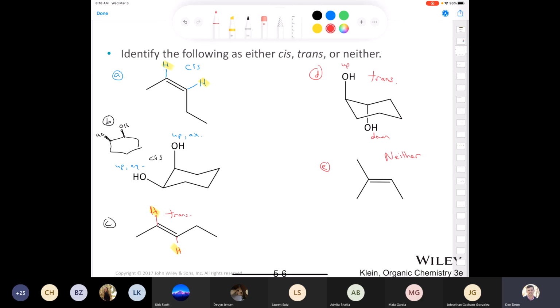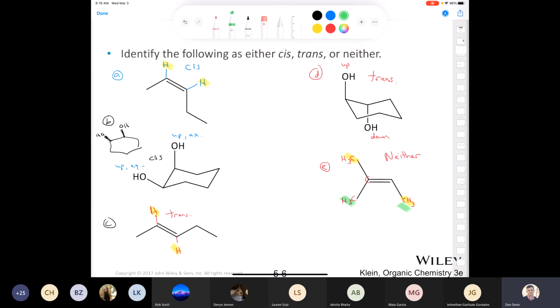If you have two methyl groups, two groups that are the exact same on one carbon, you can't have cis or trans. It's impossible. These two groups are trans to each other, but these two groups are cis to each other. And so it's neither cis nor trans.